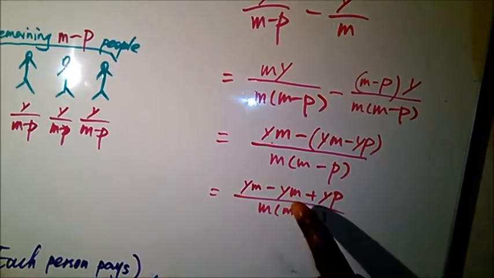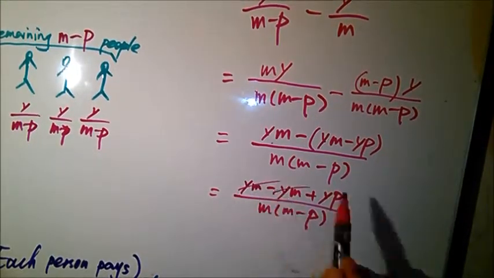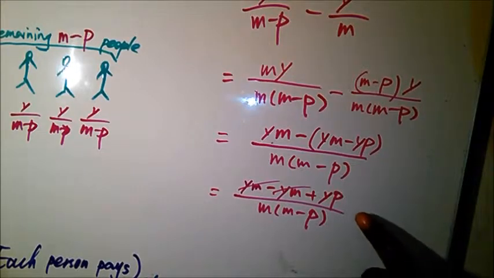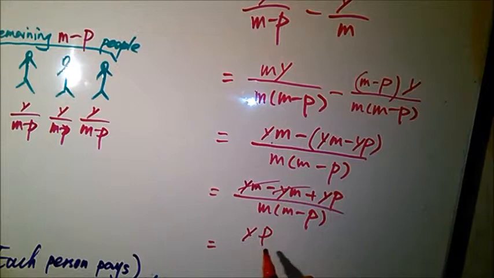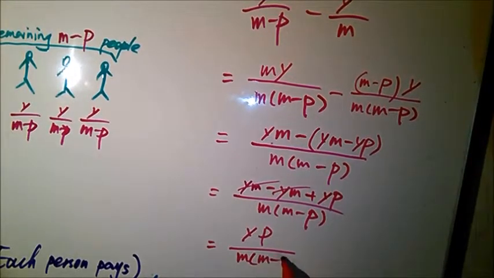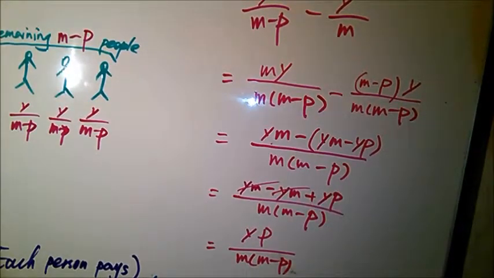Ym minus ym is 0, so that crosses out, and we're left with yp on the top. And so our final answer will be yp divided by m times m minus p.